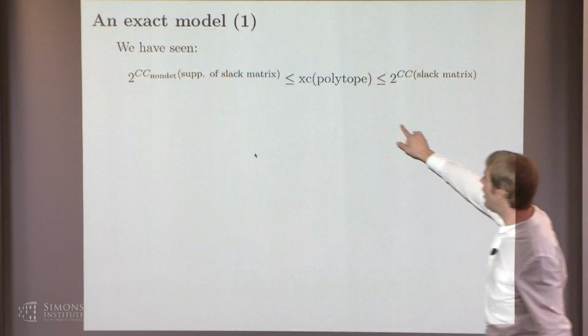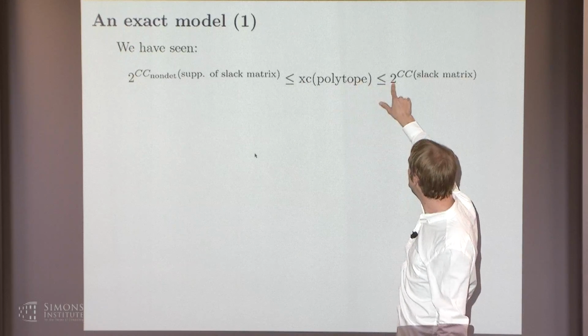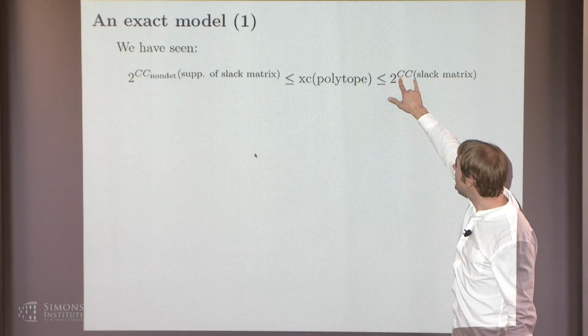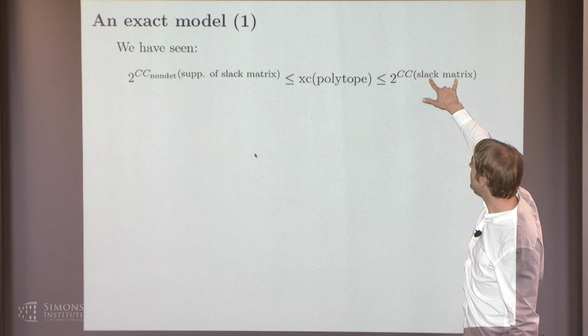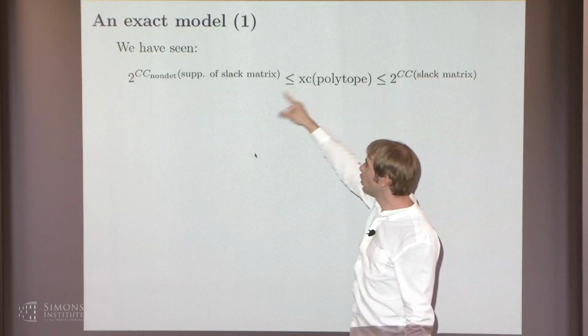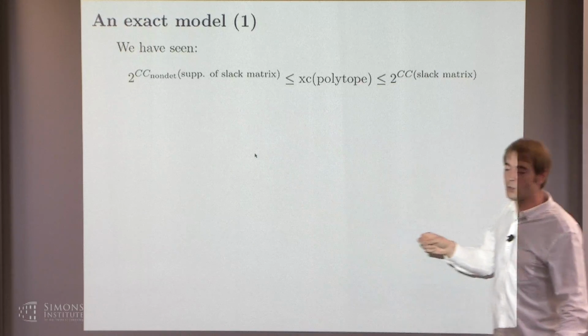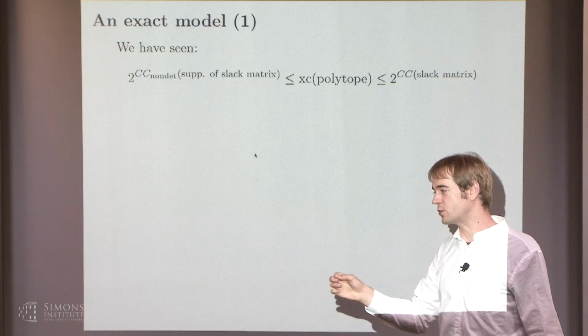So this is the upper bound I just explained. The extension complexity of a polytope is upper bounded by 2 to the deterministic communication complexity to figure out what entry you have in the slack matrix. I said something about a lower bound, and the lower bound that I gave you was the rectangle covering number of the slack matrix.